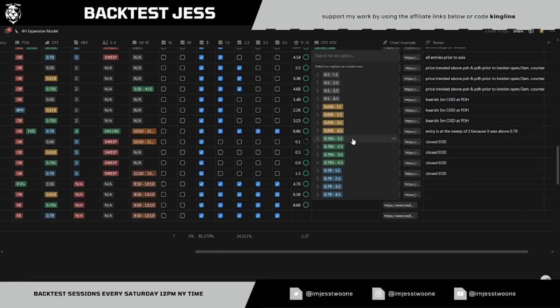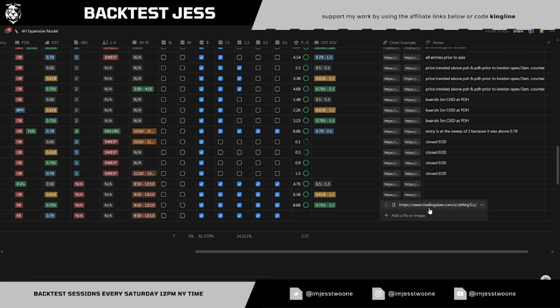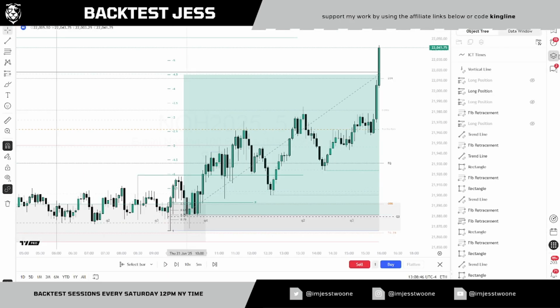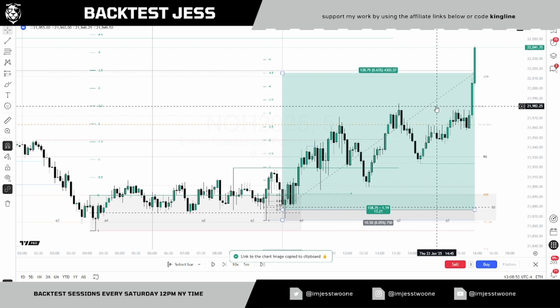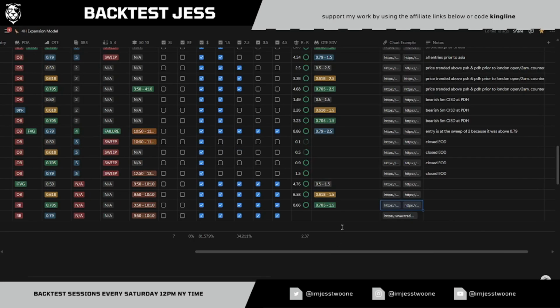Again, same thing, we delivered straight to 1.5 without any deep retracements. And the next one, 13.21R trade.